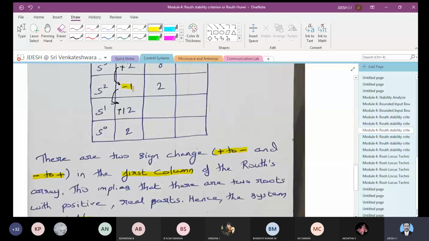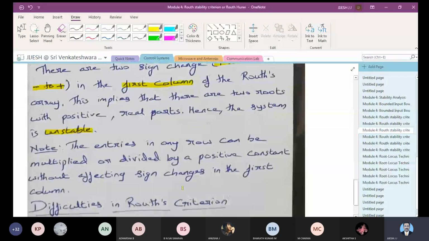This note you can write down. The entries in any row can be multiplied or divided by a positive constant without affecting the sign change in the first column. That is very important, because the sign change is what we use to find whether the system is stable or unstable.